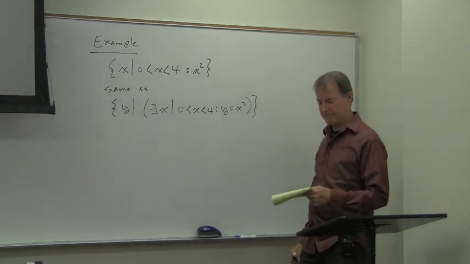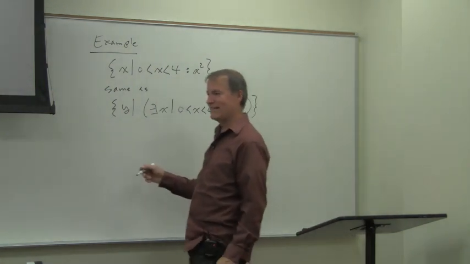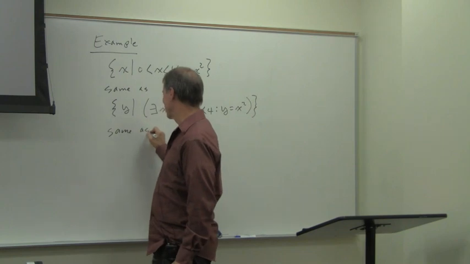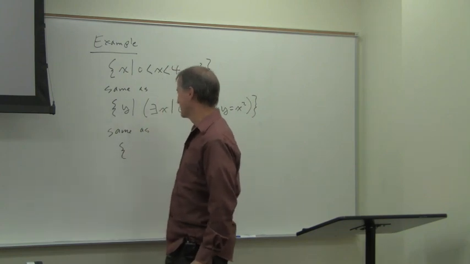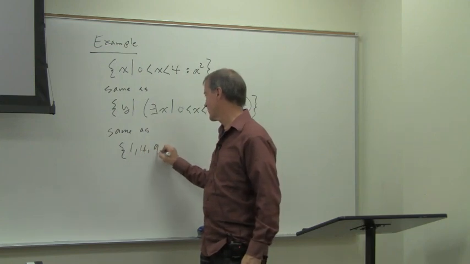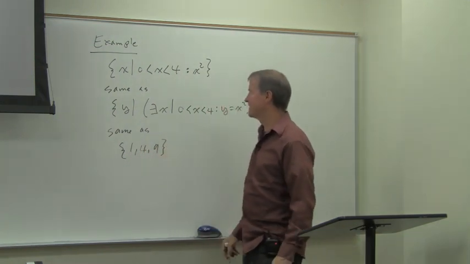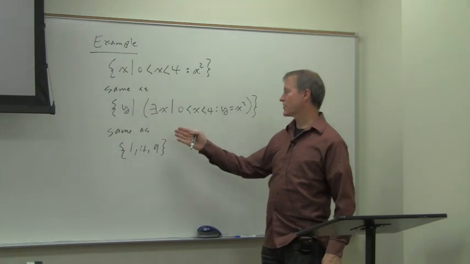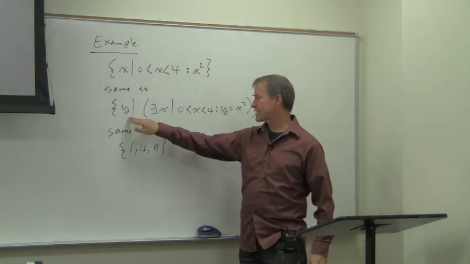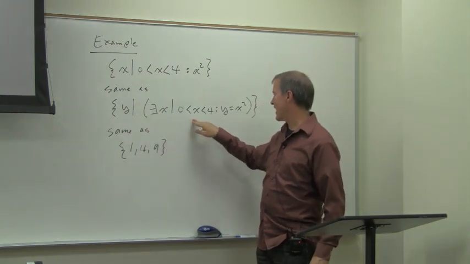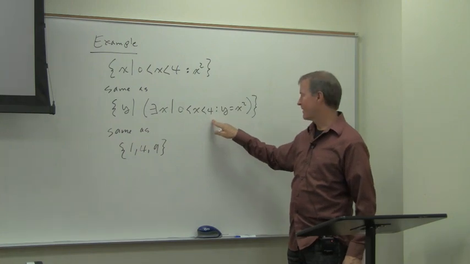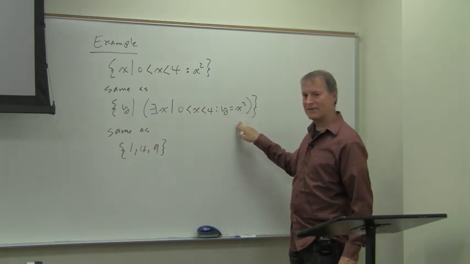Are you with me? And in fact, if we enumerate this, we get 1, 4, and 9. I enumerated the top one. Does everybody see that 1, 4, 9 is the set of all Y such that there exists an X between 0 and 4, body Y equals X squared?